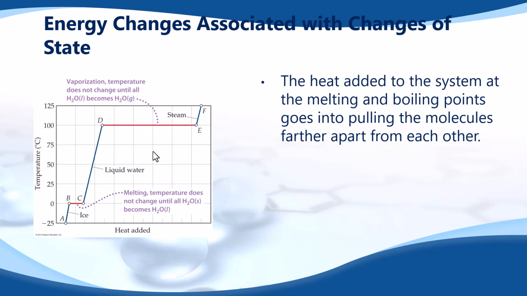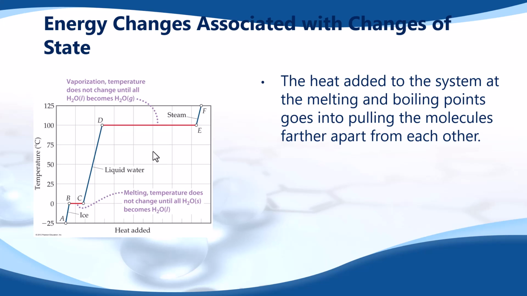Once you get to the line B to C and the line D to E, you'll notice the temperature remains the same. The reason why is because at those points, at the melting point and at the boiling point, all of the energy that you're adding is going to weaken and then completely remove the intermolecular forces that are present, right?